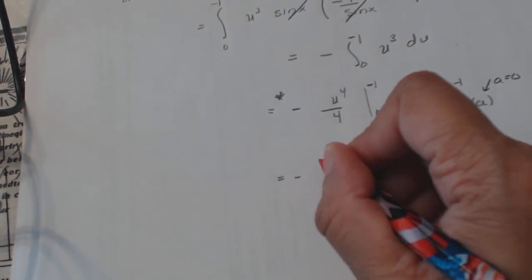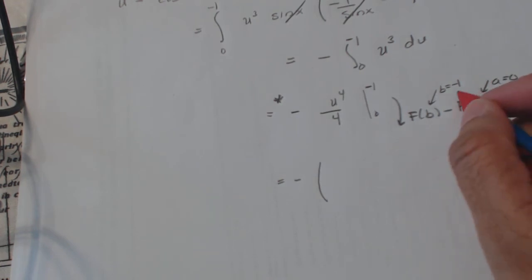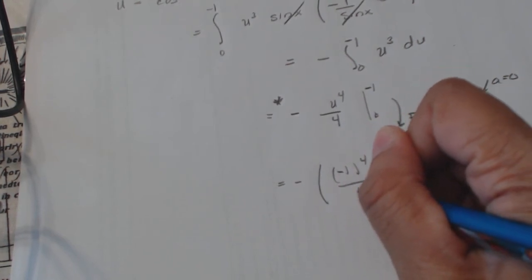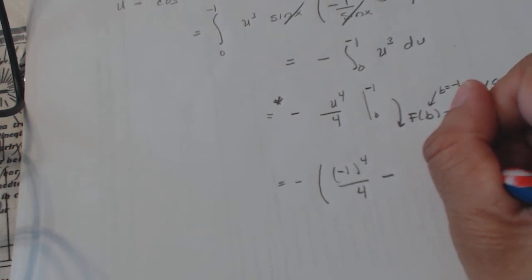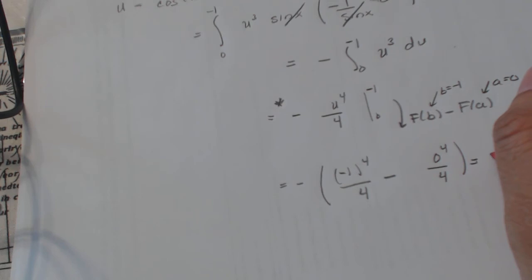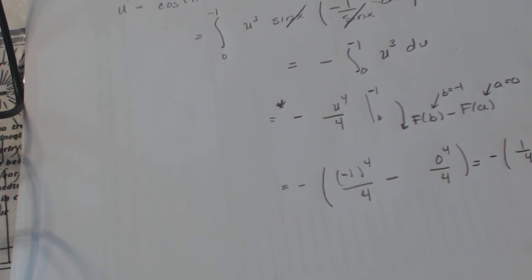Watch out for your minus sign. Pull that puppy out in front so you don't make any extra mistakes. F of b means put minus 1 in for u, and then subtract F of a, which is 0 in for u, and I get minus 1/4. Done.